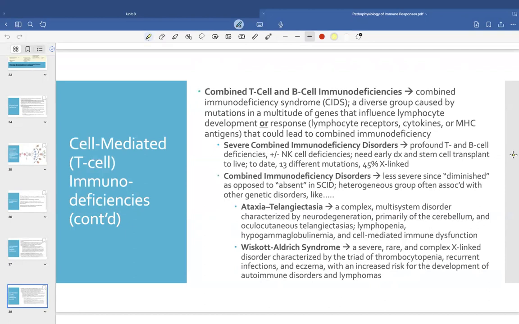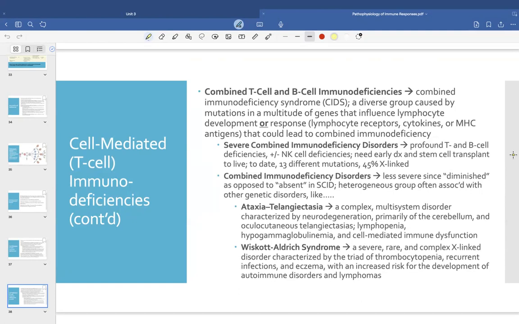Multiple genes can be affected with mutations, and either they affect your lymphocyte development, so maturation and differentiation, or their response, so their ability to release cytokines, or the MHC antigens, or any of the receptors. If they can't produce the receptors to bind, then they're essentially there, but not functional when it comes to your pathogens.